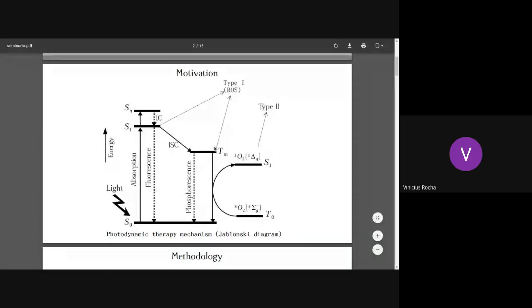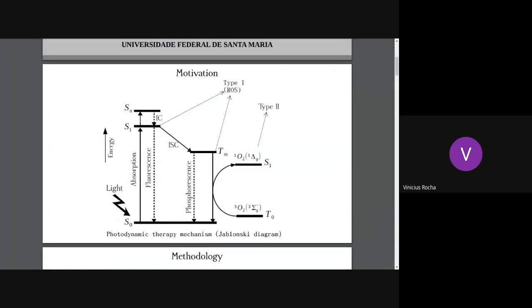And in the triplet state, the molecule interacts with the oxygen. The oxygen is naturally in a triplet state. So when they interact, we can generate singlet oxygen, which is very reactive.